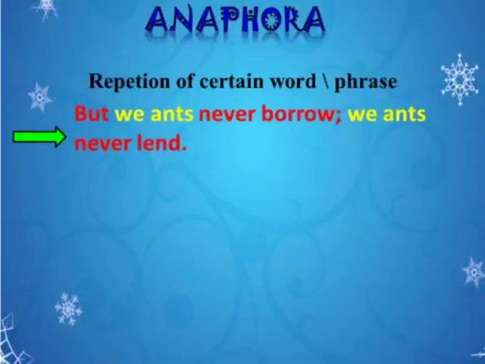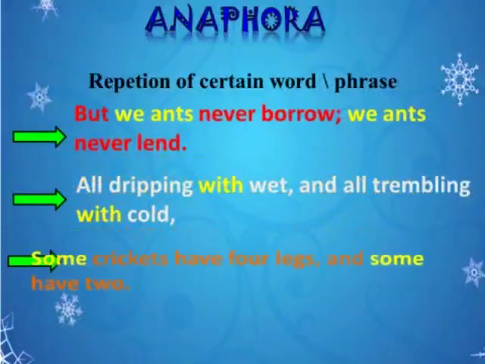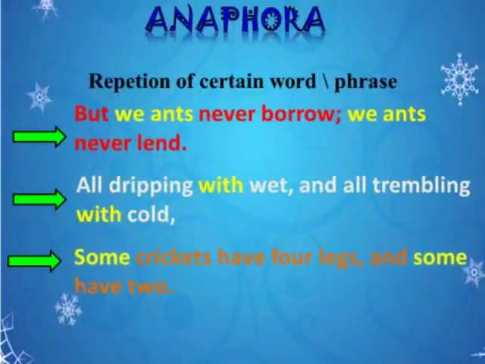Next, all dripping with wet and all trembling with cold. Here you see all being repeated. Some crickets have 4 legs and some have 2. In the same line, you can see some being repeated. So when a word or a phrase is repeated again and again in the same line, it is anaphora.